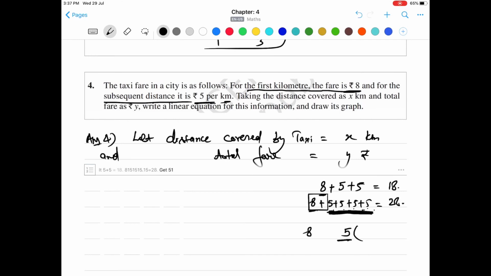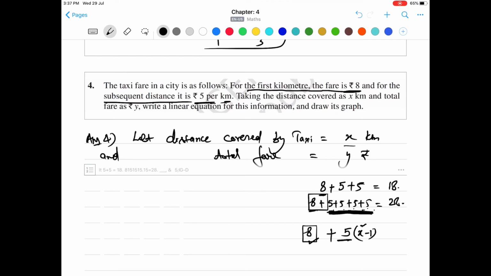Since the total distance we have taken as x, the remaining distance will be x minus 1. Why x minus 1? Because for the first kilometer he has already paid 8 rupees. We have subtracted this first kilometer, so x minus 1 will give us the remaining distance in kilometers.